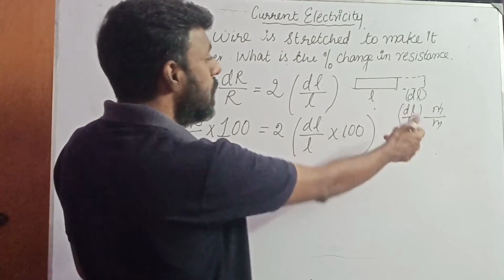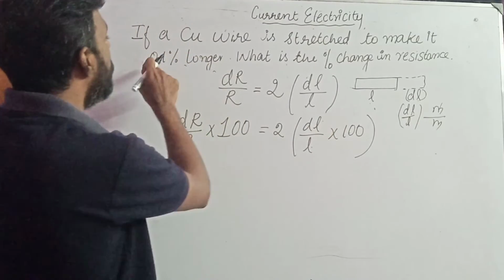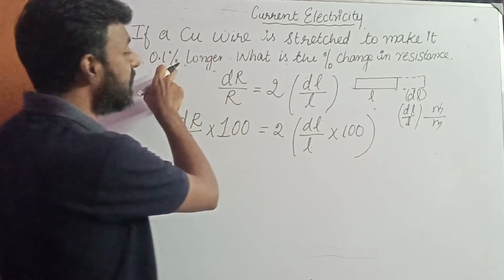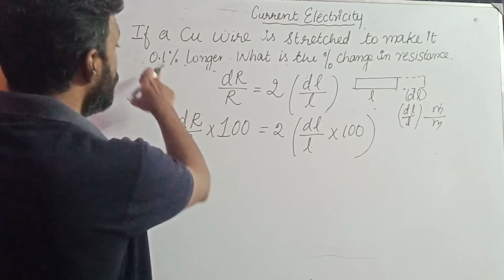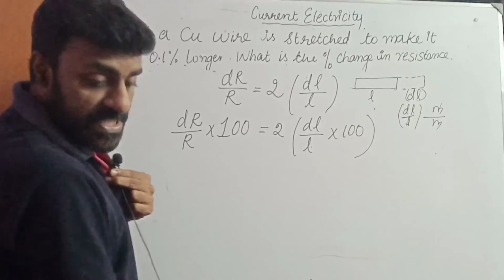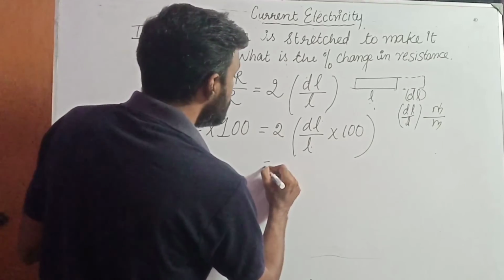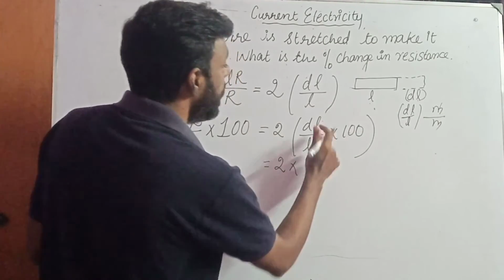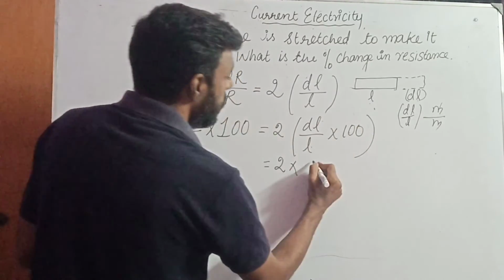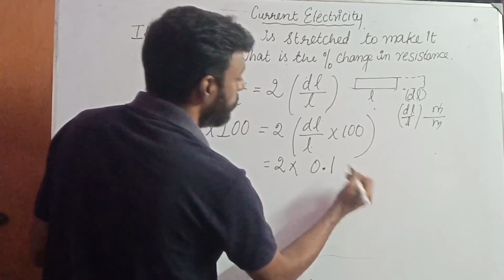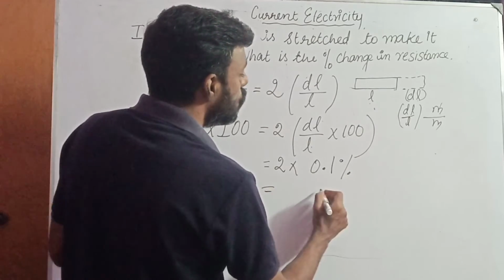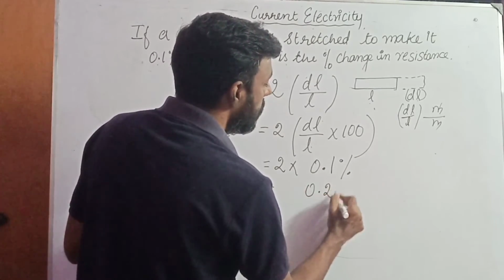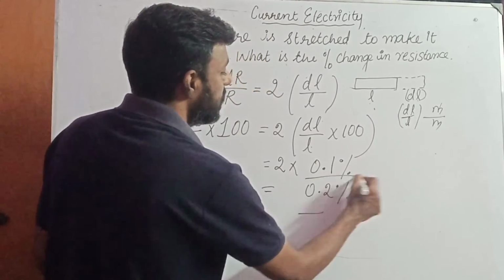They are expressing it in percentage, so dL by L into 100 is 0.1. So 2 into 0.1 is 0.2.